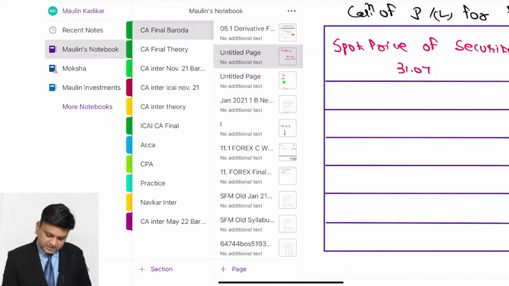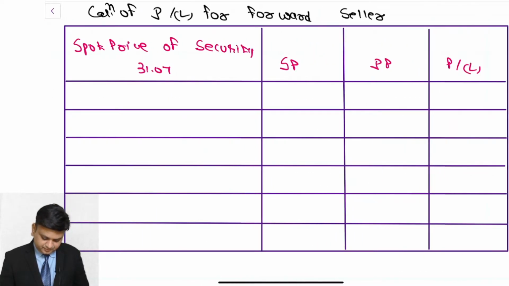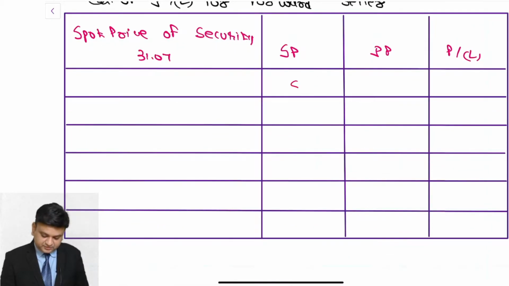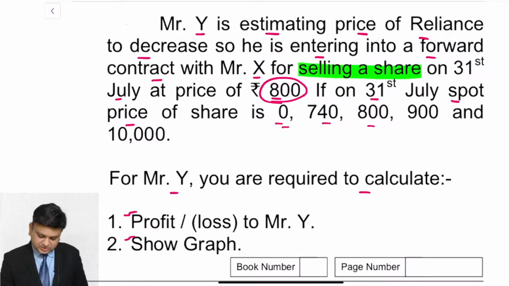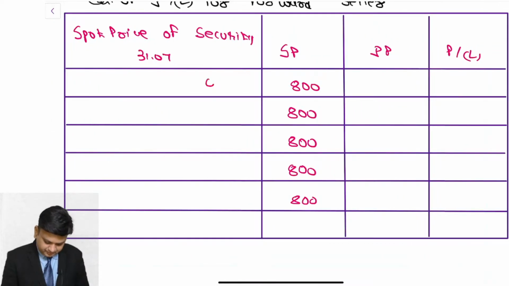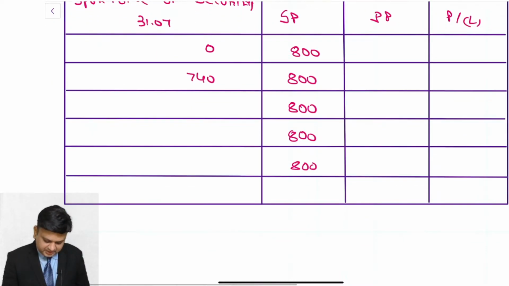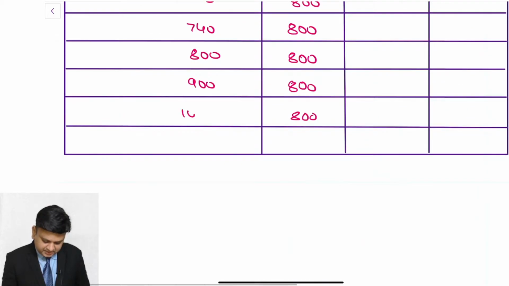The question is providing the information that we are going to have the sale price of rupees 800. So for any spot price of the equity share, the sale price is going to be 800. The different spot prices provided to us are 0, 740, 800, 900 and 10,000.